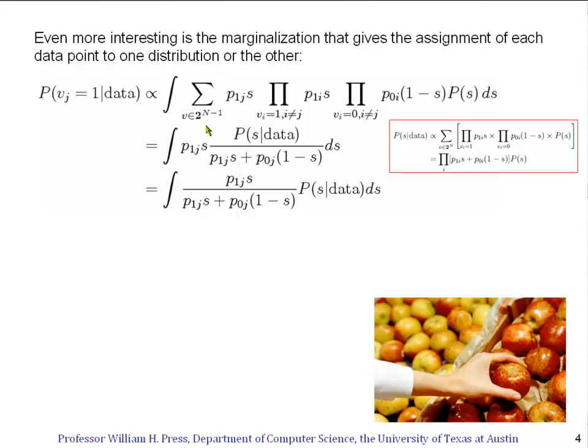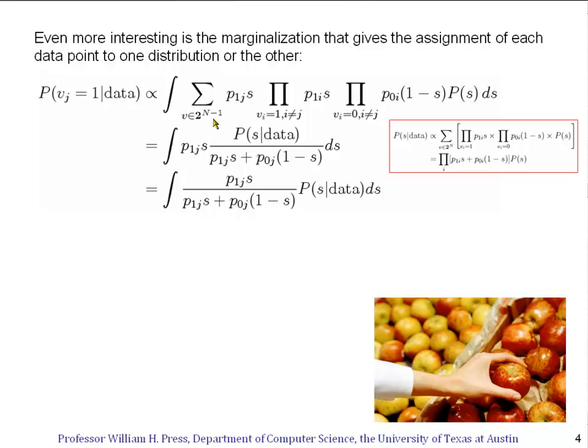So here is a sum for all vectors v in this set of 2 to the n minus 1 possibilities, that is, not assigning v sub j, but assigning all the v sub i's not equal to j. And so now what's the probability of the data that I put inside here?